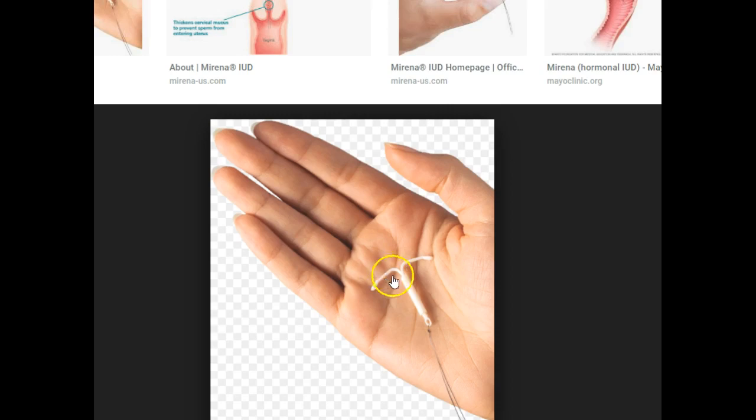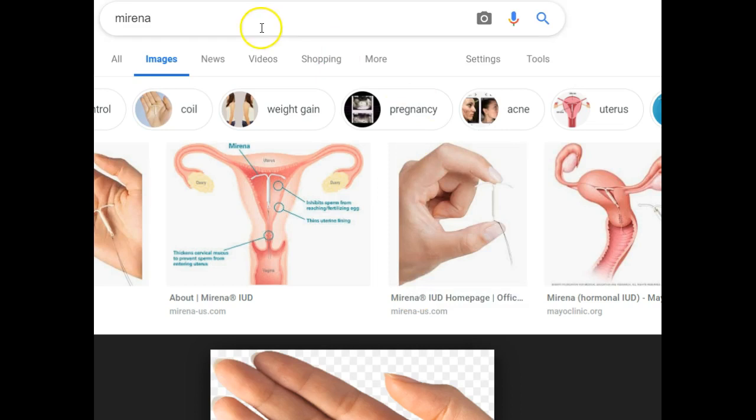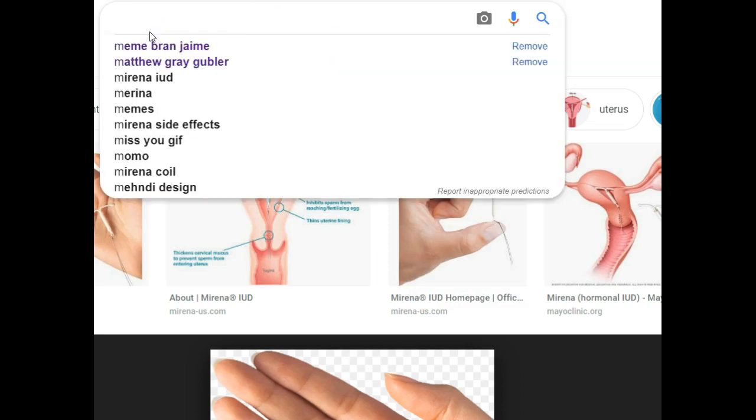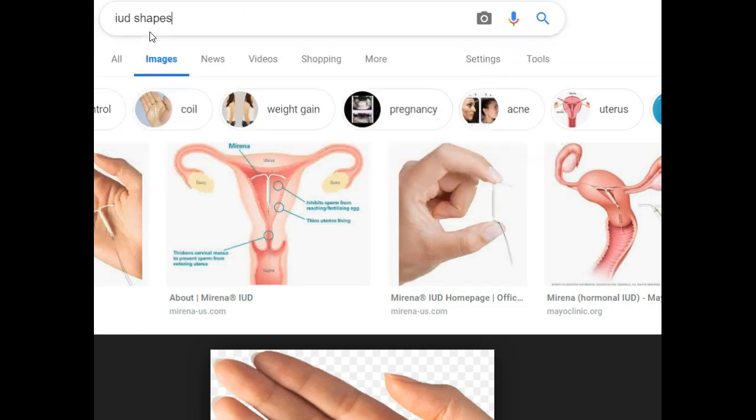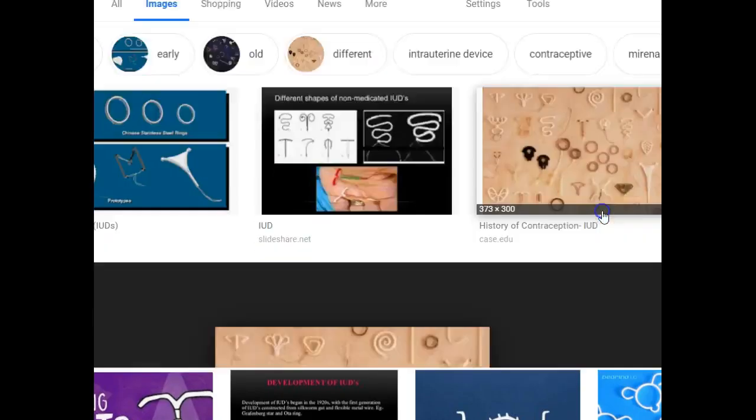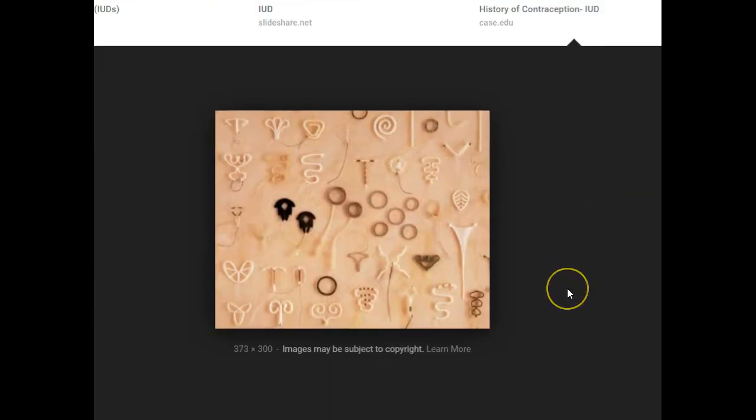I mean, IUDs have had a number of shapes over the years. Let me show you some different IUD shapes. People have tried to get really creative about what you stick in your uterus over the years. Do you guys know the origin of the IUD? It's kind of weird. Probably, yeah. Camels. Camels crossing the desert. We don't want them to get pregnant, so we put rocks in their uterus.